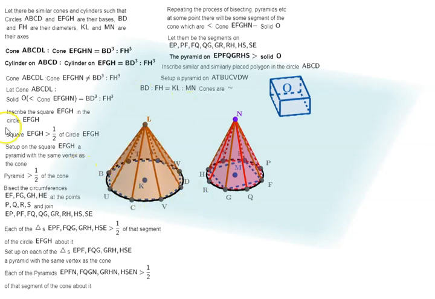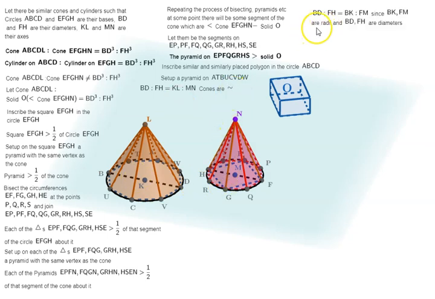BD, which is the diameter of the circle, is to FH, which is the diameter of this circle, as KL is to MN, since the axes of the cones are proportional to the diameters, as the cones are similar.